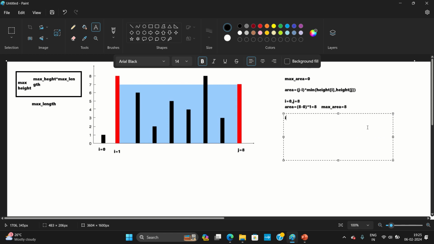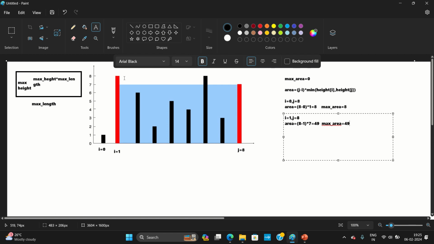When I turns out to be 1 and j is 8, then area is j minus i, that is 8 minus 1, into the minimum of these two, that is 8 and 7. 7 is the minimum, therefore 7 into 7, 49. So is 49 greater than 8? Yes. So max area is 49. Fine.